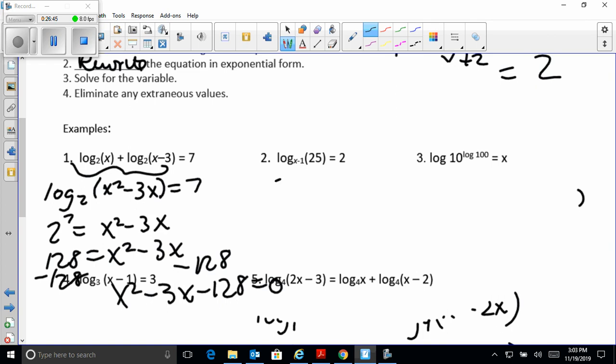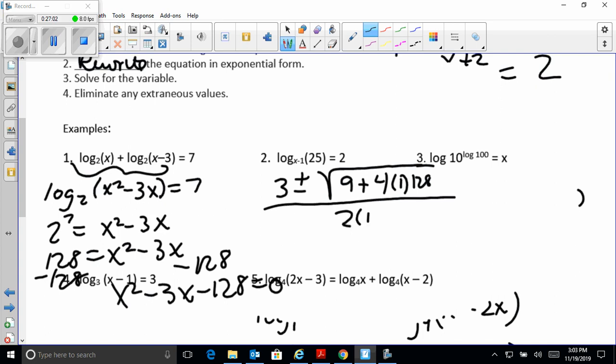So negative b, so 3 plus or minus the square root of b squared, so negative b squared is 9, minus 4 times 1 times negative 128, all over 2 times 2. It's going to be 3 plus or minus the square root of 521, all over 2. So then I tested it.